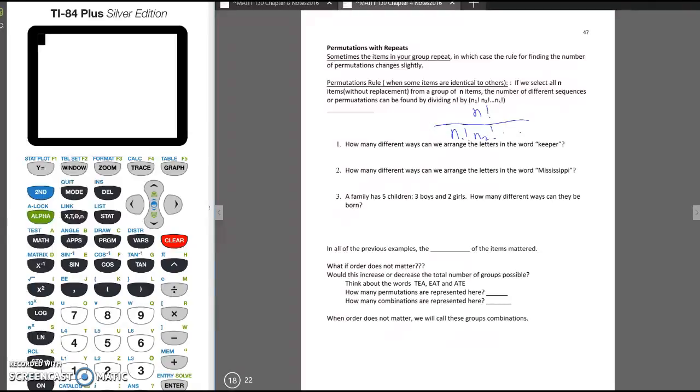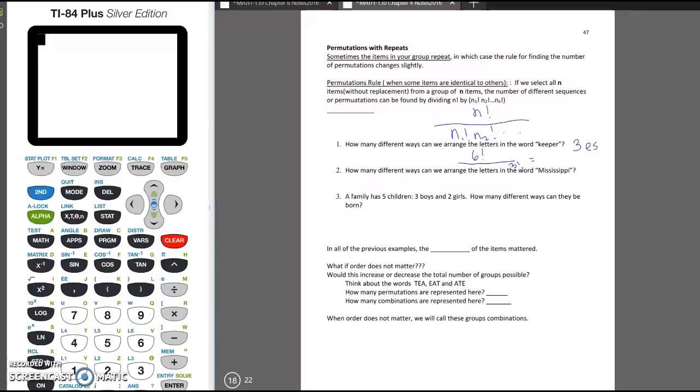So we'll do some examples. The first one says, how many different ways can we arrange the letters in the word keeper? First we need to count the total number of letters. There are 6 letters, so we're going to have 6 factorial divided by... K doesn't repeat at all, so we don't have to worry about that. We have 3 E's, so we're going to have over 3 factorial.